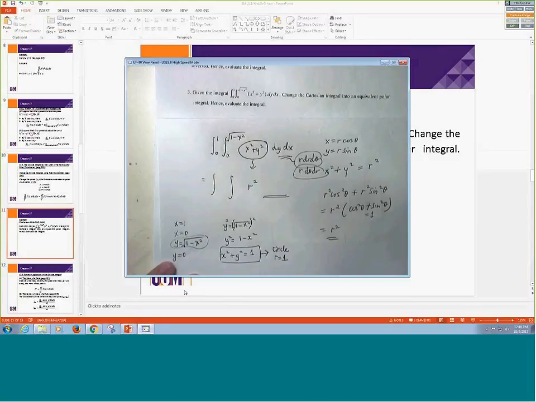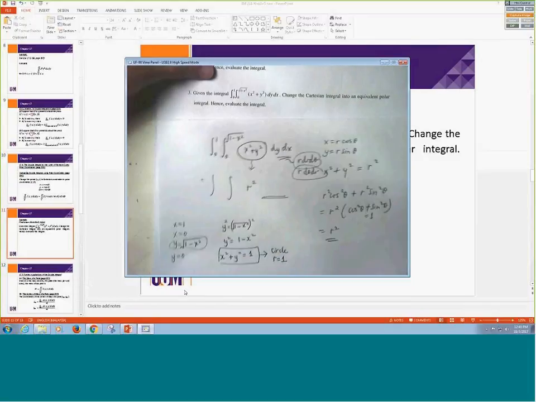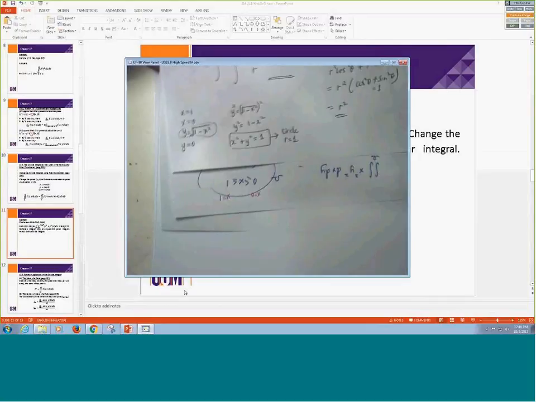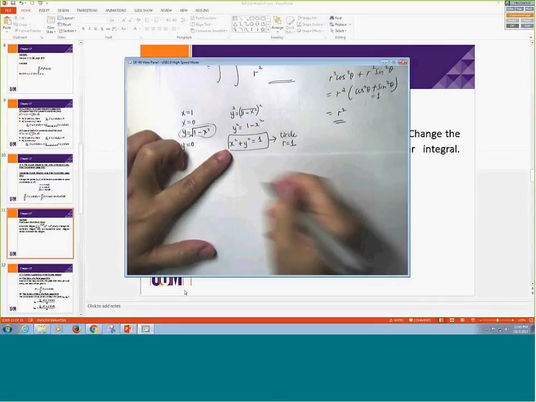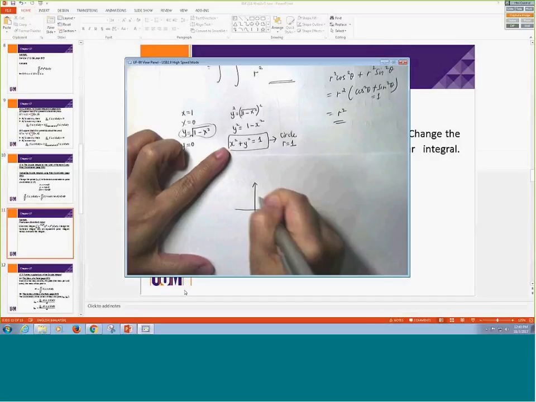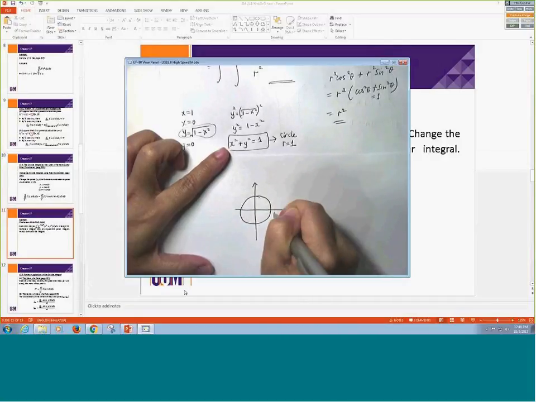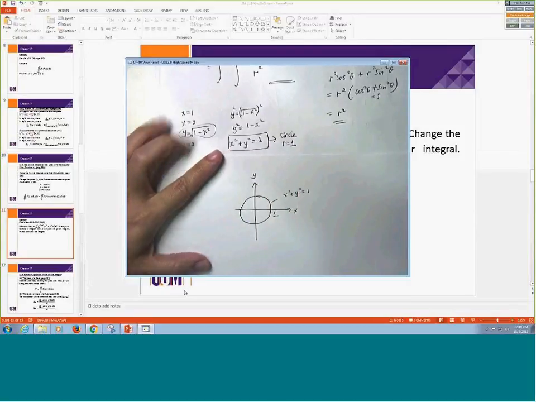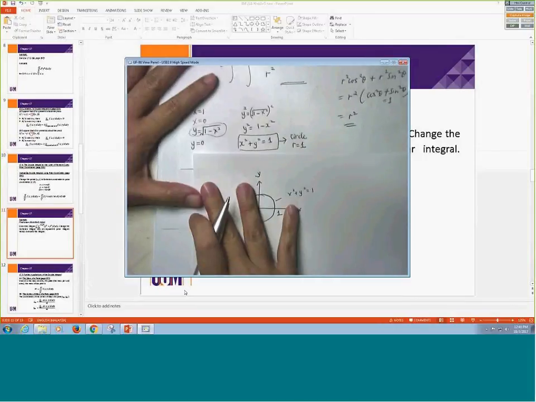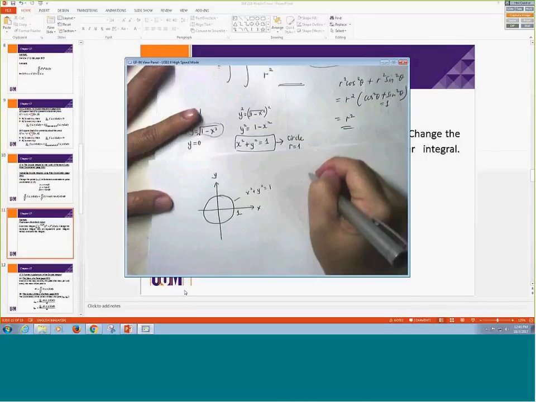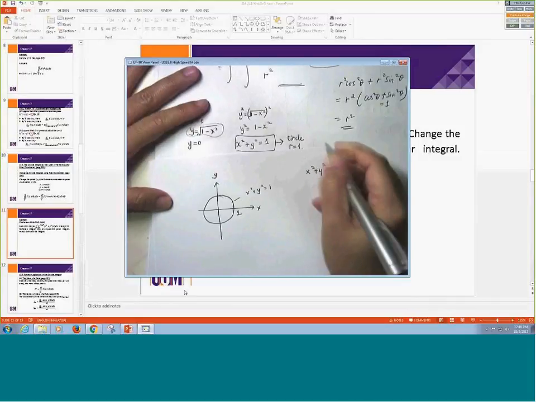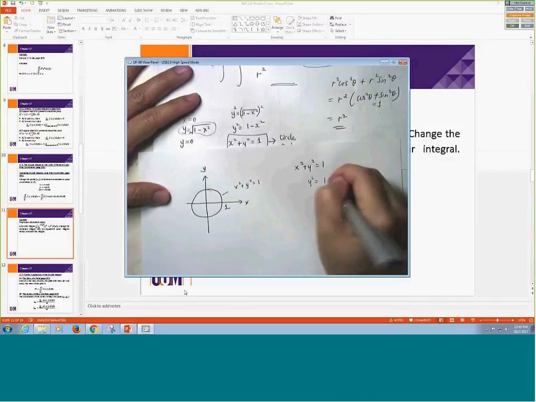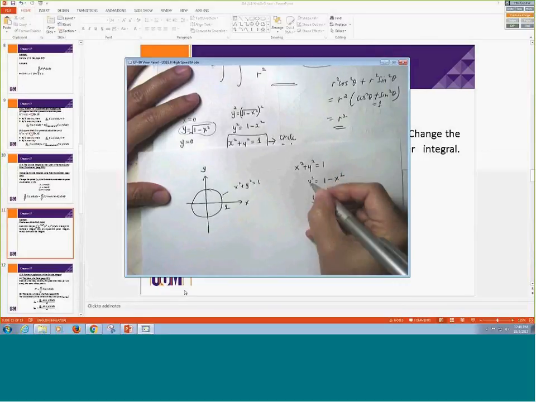So if I want to sketch x squared plus y squared equals 1, this is actually a circle with radius 1. If I divide it into two parts, with y as the subject, y equals plus and minus the square root of 1 minus x squared, it divides into two parts.